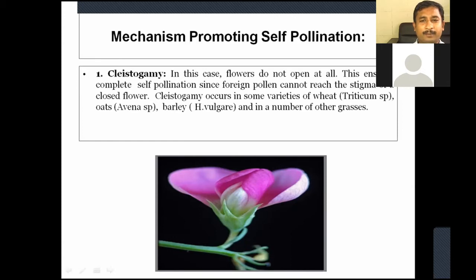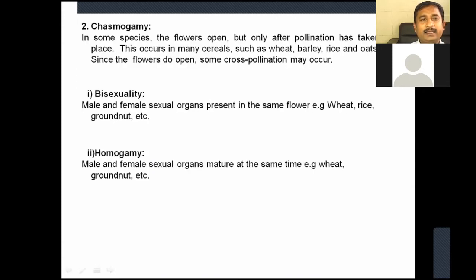So these are all major crops that have the cleistogamy mechanism. And then comes chasmogamy. In this, the flower opens, but after pollination, means in the first case the flower won't open, and here in the second case the flower opens after pollination.